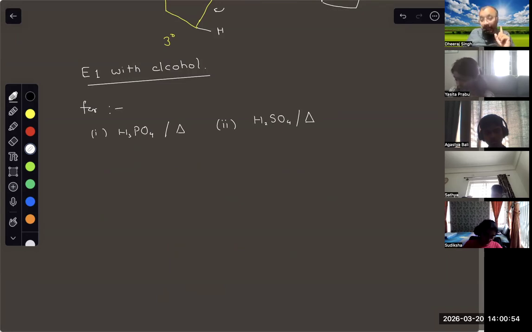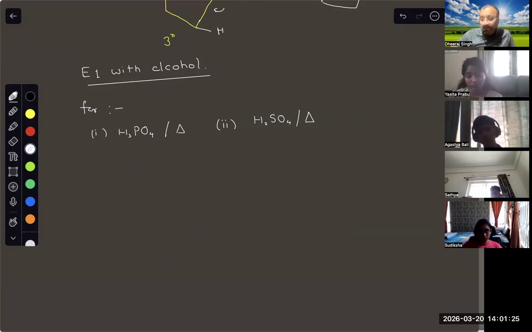Whenever there is heat or delta or higher temperature written, your mind should immediately think that an elimination is going to happen. Otherwise, substitution can also happen. And here there is no nucleophile as such. Just H2SO4 and heat, and the reaction will proceed with elimination.